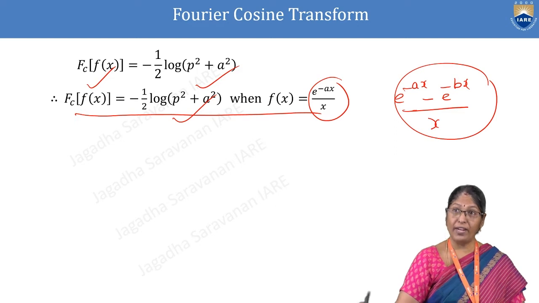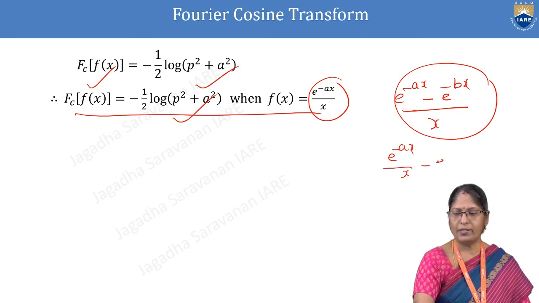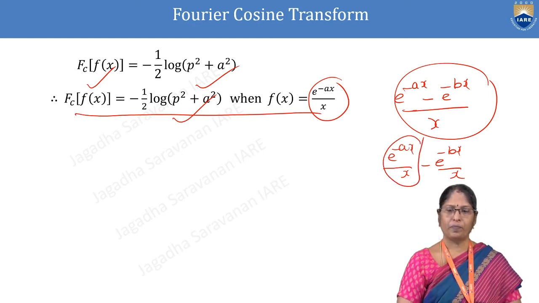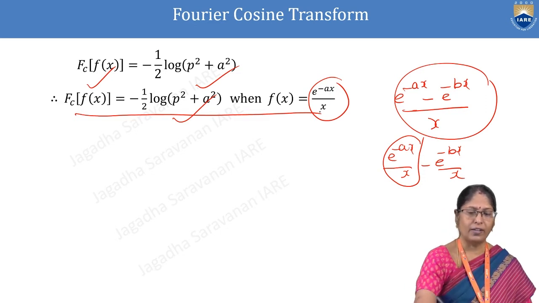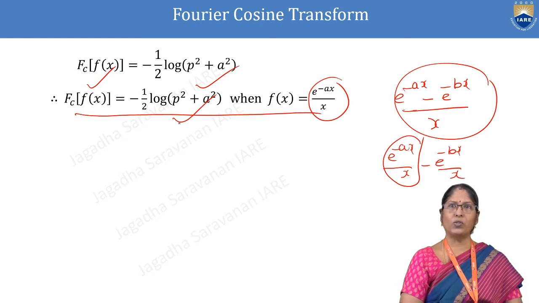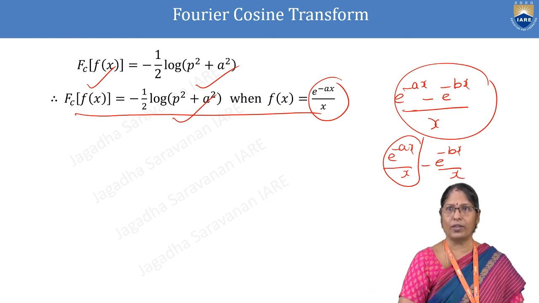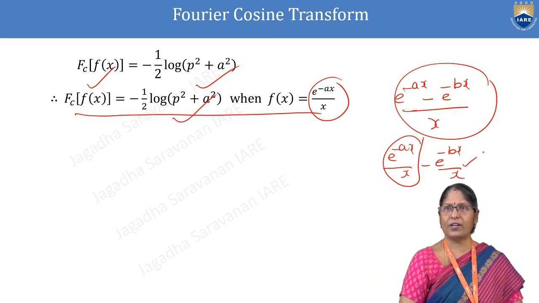But what we did, e power minus ax by x, only a part of our question. And for e power minus ax by x, the result we got is minus 1 by 2 log of p square plus a square. So we are not going to do this second part at all.